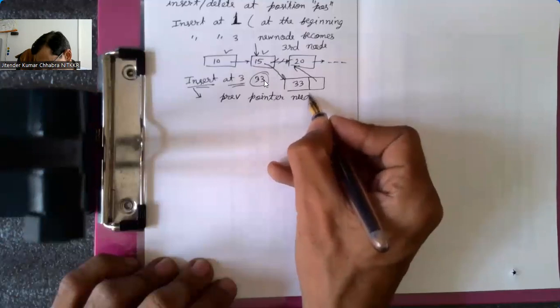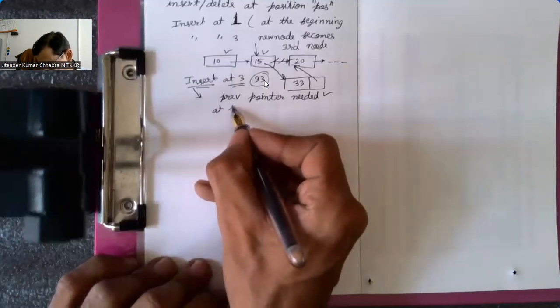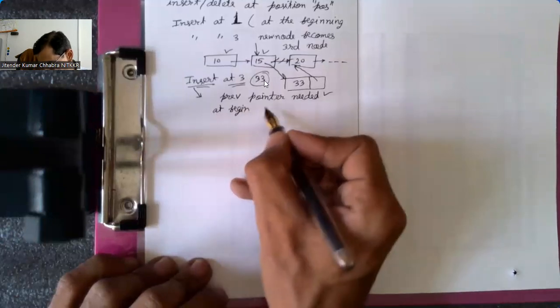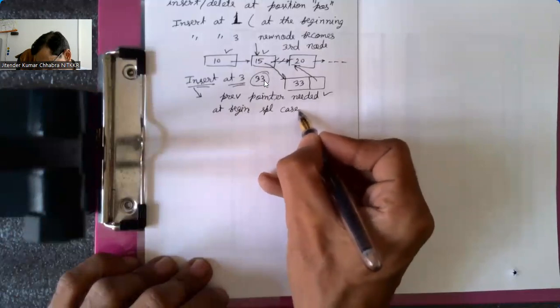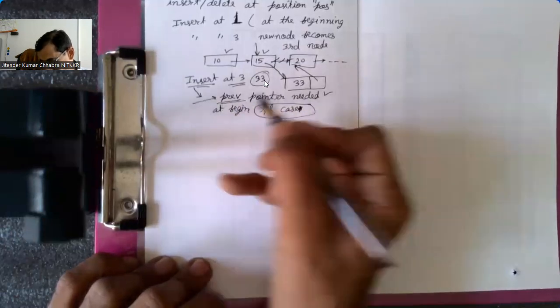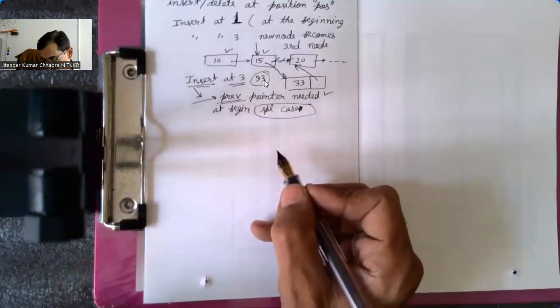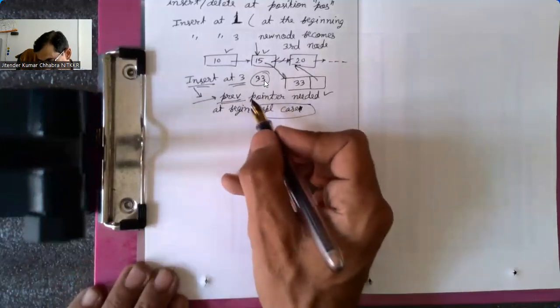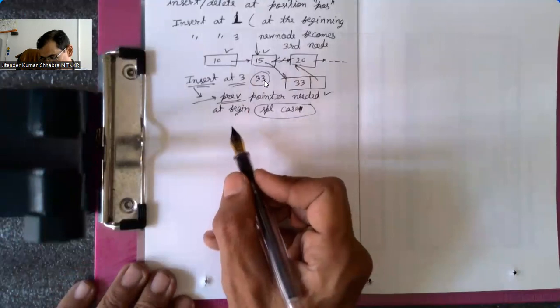Only through that will you be able to insert, or otherwise, at the beginning, there is a special case, and that you can always do separately. But in all other cases except the special case, the previous pointer is always needed. So I have to always implement the insert after logic. And that will mean for any position, I have to stop somewhere before.